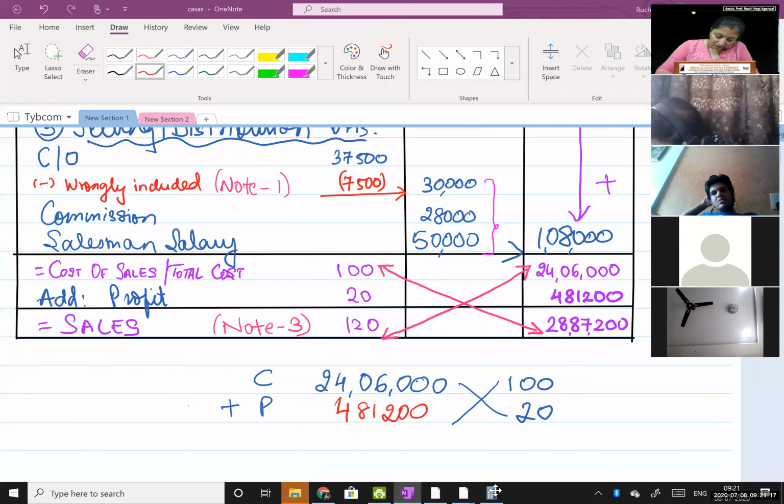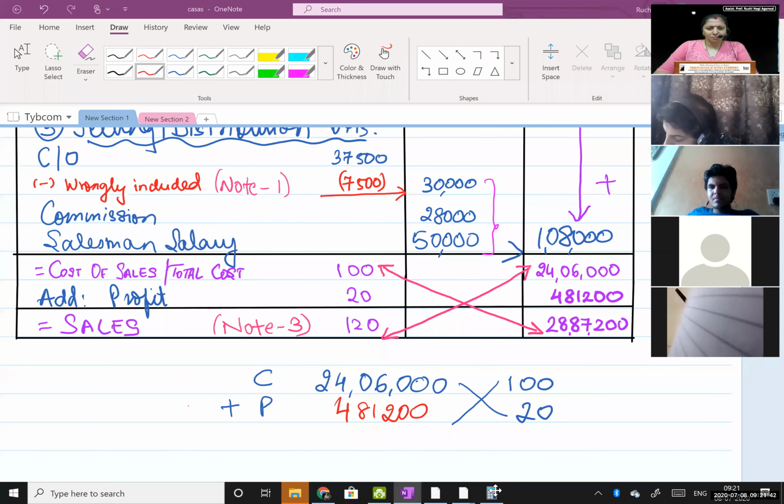Am I clear till here? Is this step clear about profit also? Aradhya, you had asked about this point. Is it clear to you now? So you don't have to show all these steps in the exam. Just keep it in mind how it is done.